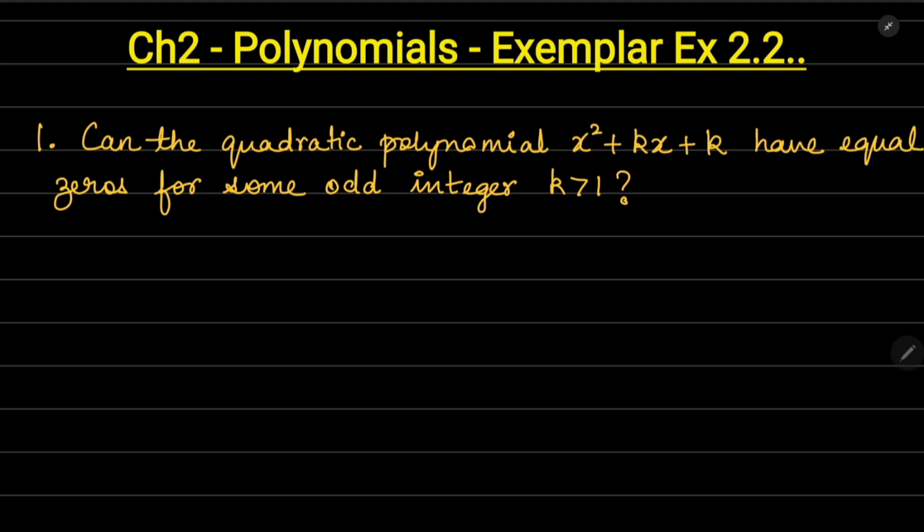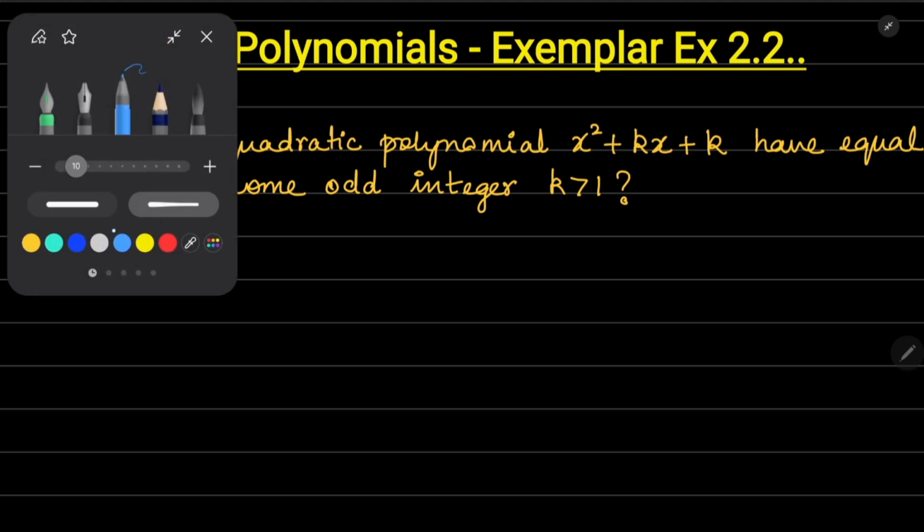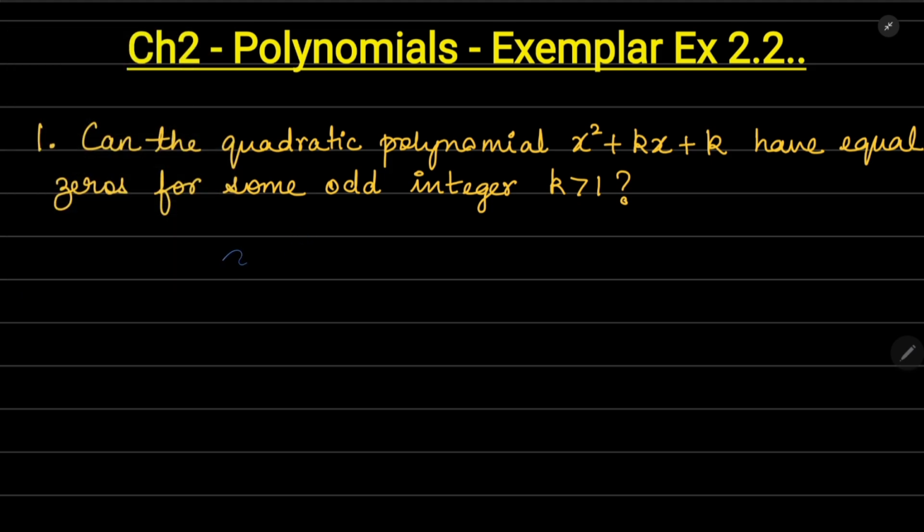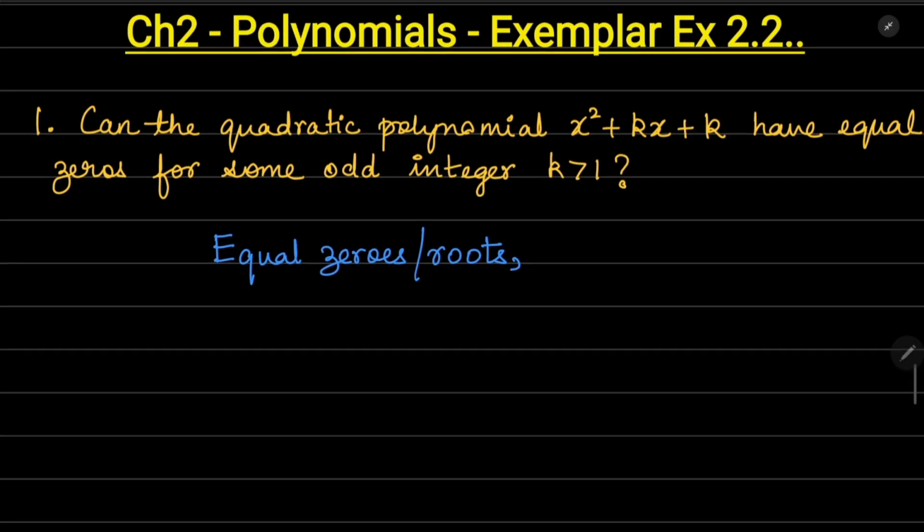So whenever for any polynomial you have got equal zeros or equal roots, the thing that you have to remember is that the discriminant is always 0. D is always 0.